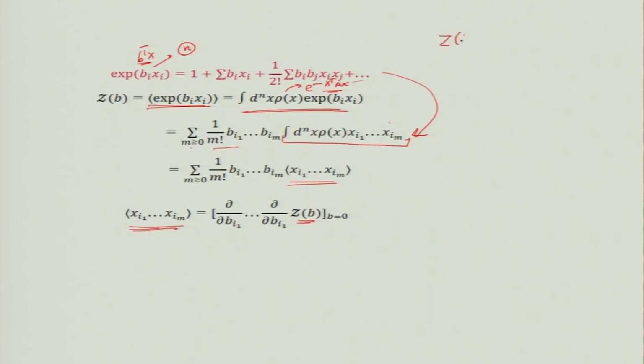ZB was the exponential integral dnx of minus xi aij xj, okay, plus bi xi. Okay. So, I want this xi1 like that. So, ZB I have it here. So, actually you should focus on this one.